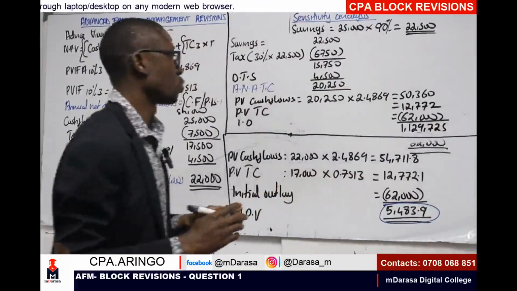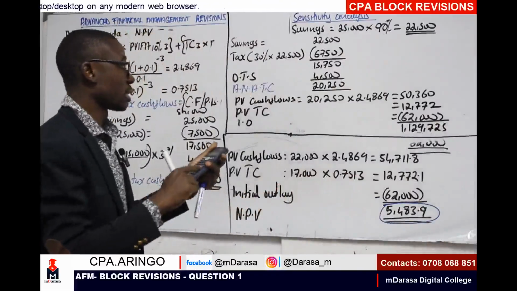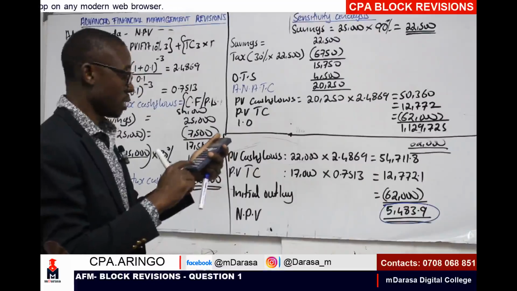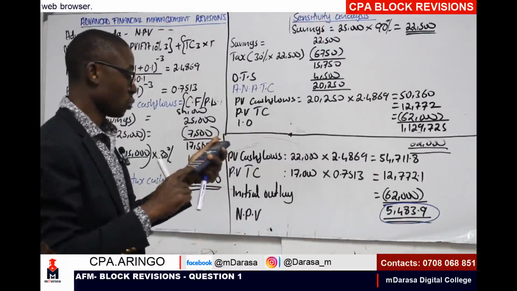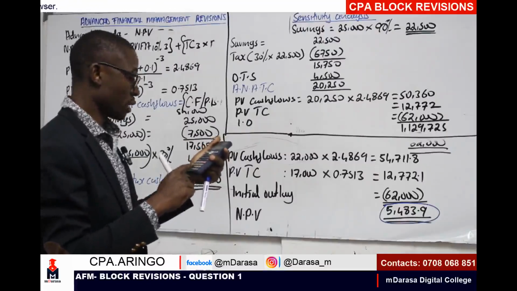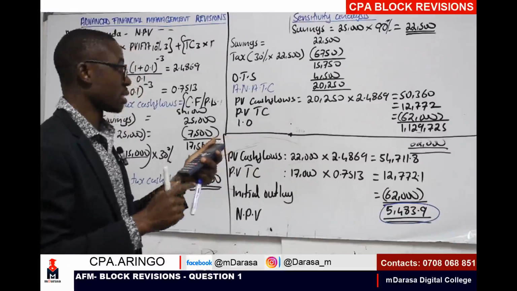Let us do it again. 50,360 plus 12,772 minus 62,000. That should give us 1,132.